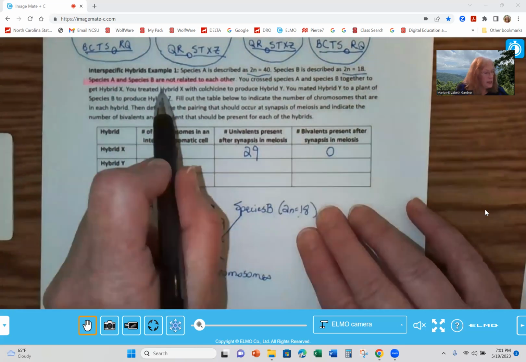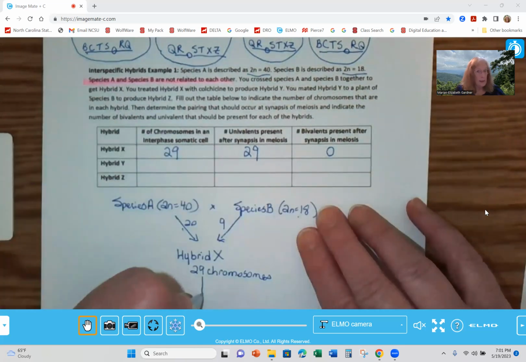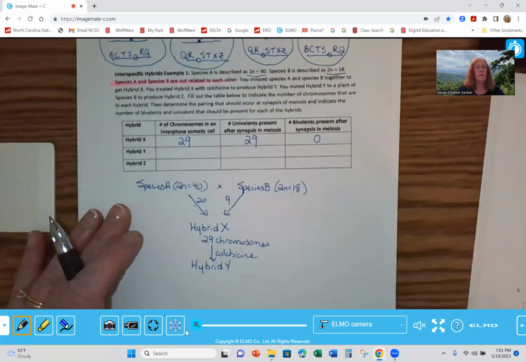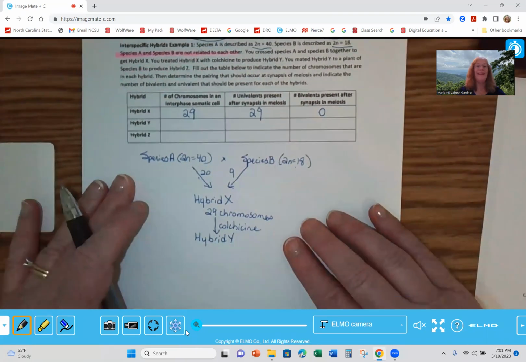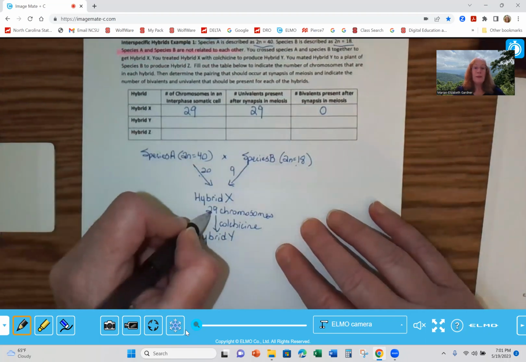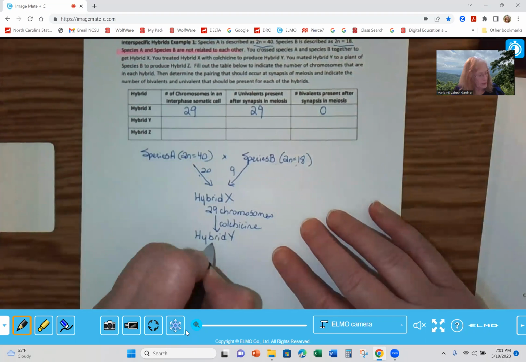Then it says we treated hybrid X with colchicine to make hybrid Y. Let's see. Give myself a little bit more room to write. Hybrid Y must have 2 times 29 chromosomes, so that's 58 chromosomes.